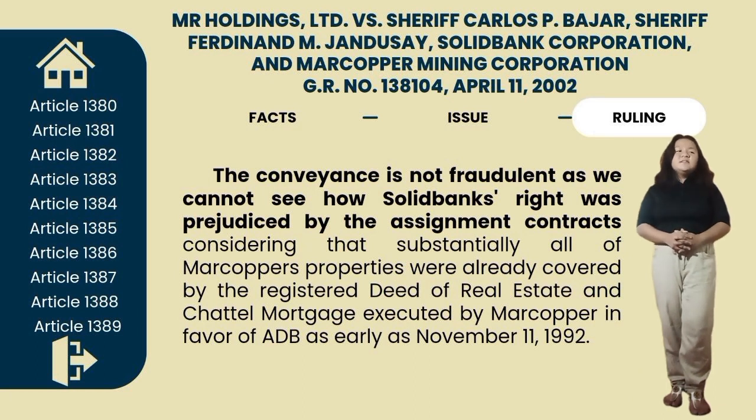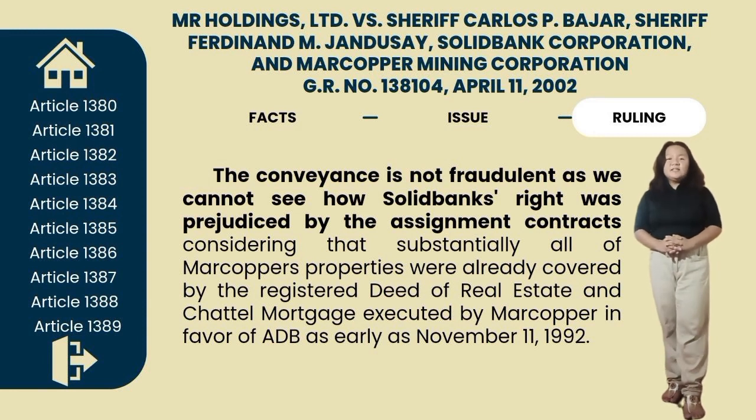The conveyance is not fraudulent as we cannot see how Solid Bank's right was prejudiced by the assignment contracts, considering that substantially all of Marcopper's properties were already covered by the registered deed of real estate and chattel mortgage executed by Marcopper in favor of ADB as early as November 11, 1992. As such, Solid Bank cannot assert a better right than ADB, the latter being a preferred creditor.